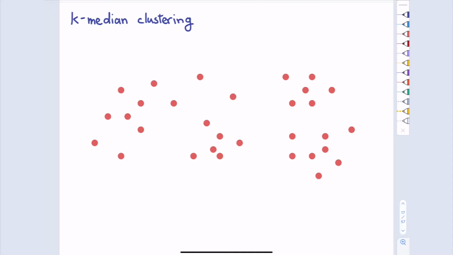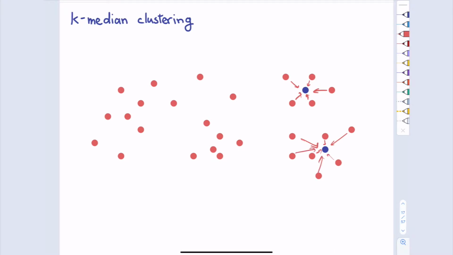Maybe up here, there seems to be one cluster of points, and I say, oh, okay, this is a good representative for all of these points. And then maybe there seems to be a cluster down here of some kind. I don't know what the right answer is, but I'm going to think of this as a representative for these points.